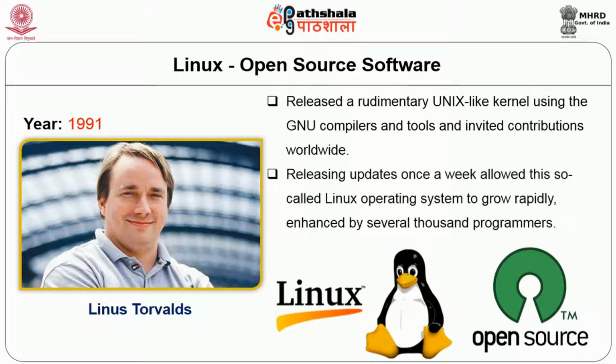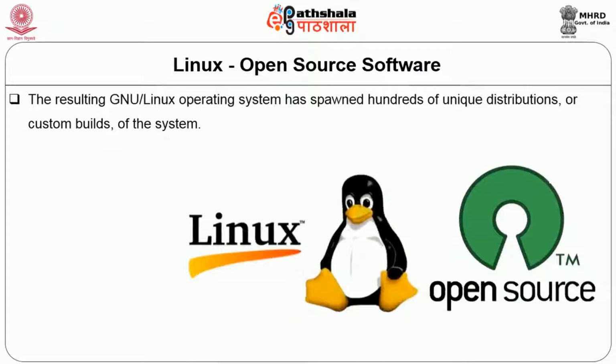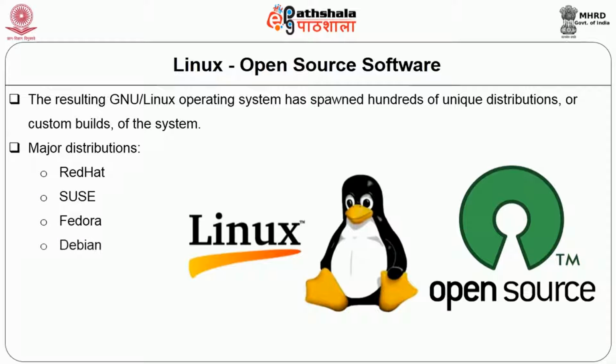Releasing updates once a week allowed this so-called Linux operating system to grow rapidly, enhanced by several thousand programmers. The resulting GNU Linux operating system has spawned hundreds of unique distributions or custom builds of the system. Major distributions include Red Hat, SUSE, Fedora, Debian, Slackware, and Ubuntu.